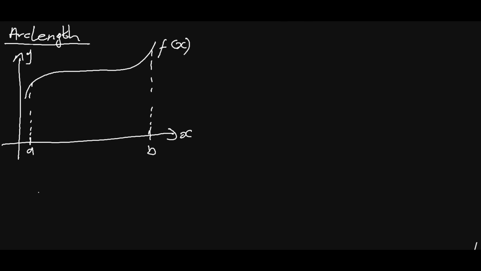As we have just seen, the length of this curve S is equal to the integral from A up to B, square root of 1 plus f prime of x power 2 dx.